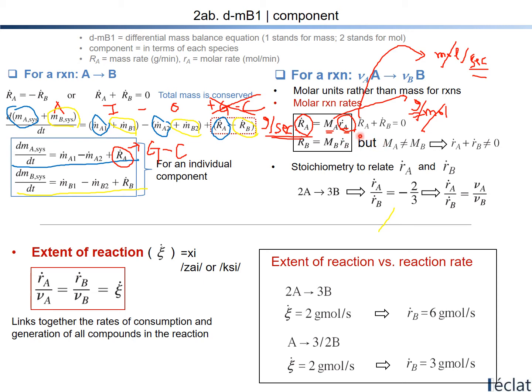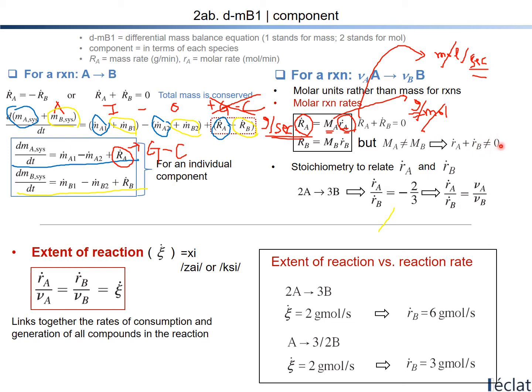Okay, so let me start with R dot A plus R dot B is equal to 0. But the molecular weights of A and B are not equal to each other. So even if the summation of mass reaction rate is 0, the summation of molar reaction rate is not 0.